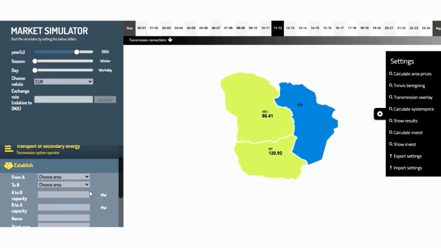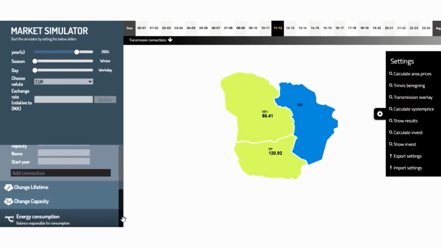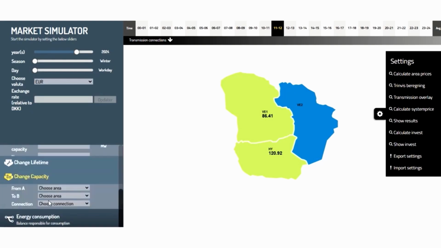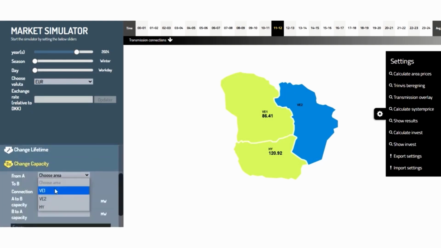What I could do here was to change the capacity of this line, V1HI. It's 1000 megawatt, but I could change this and do a calculation, change again and do a calculation, and find at what capacity the bottleneck will disappear.